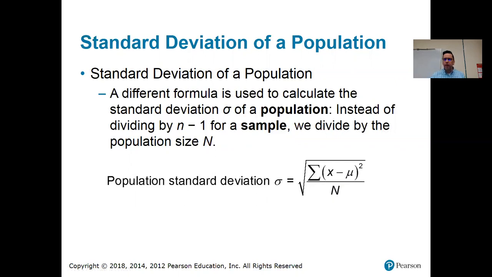And then remember, we talked about this a while back, the sort of tradition in statistics is you use Greek letters for parameters. Parameters are aspects of a population. So instead of using x bar for the mean, they're using mu. Instead of using s for the standard deviation, they're using sigma. Okay. And then the capital N stands for the population size. Okay.